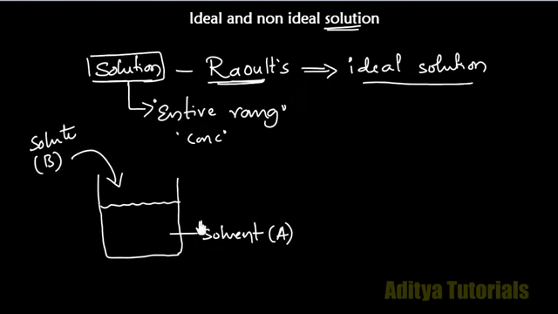The enthalpy of the two components is different. The enthalpy of solute is different and the enthalpy of solvent is different. When you mix the two pure components, the change in enthalpy should be 0. It means there is no liberation of heat or no absorption of heat observed in the solution. Therefore, I'm going to write here delta H mix. When you mix A and B, there is no change in the enthalpy.